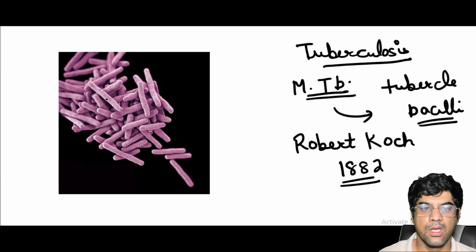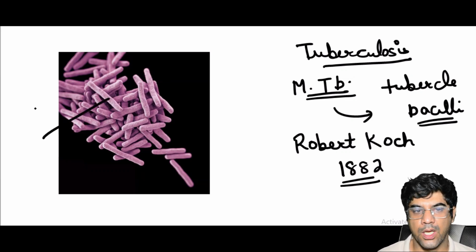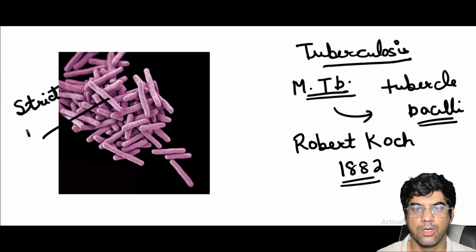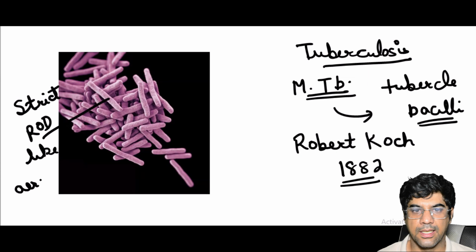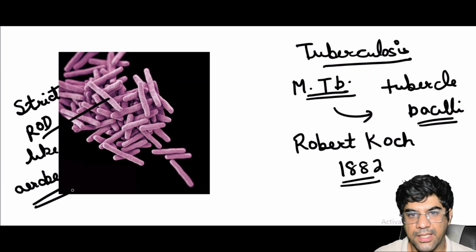So this Mycobacterium tuberculosis, remember, is a rod-like bacteria that is strictly aerobic. That means that it needs oxygen to survive. So where does it survive?